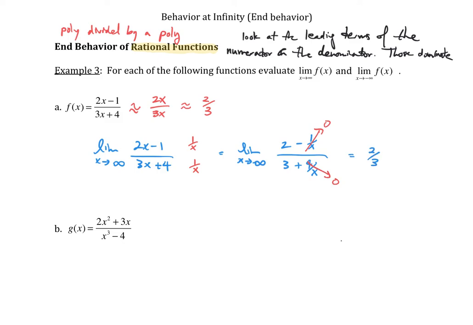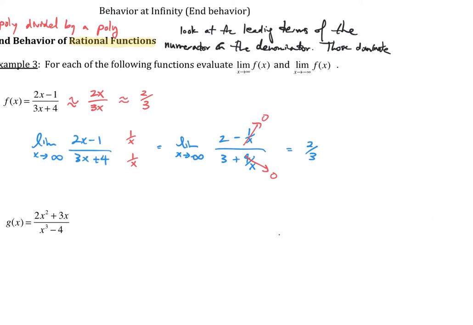I have a couple of comments to make. My first comment is that y equal to 2/3 is a horizontal asymptote.